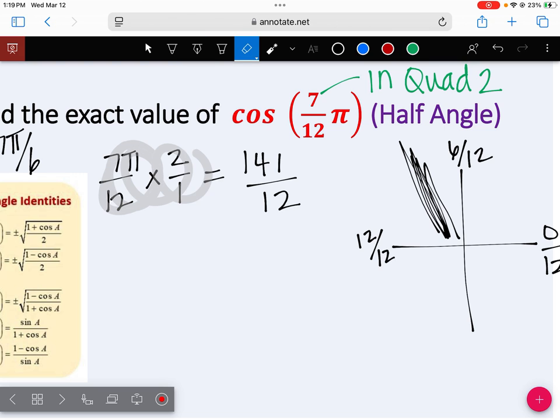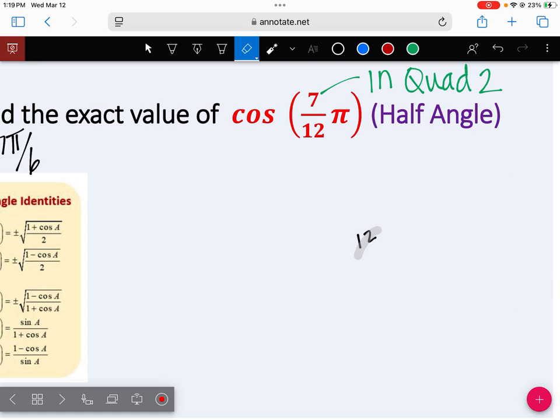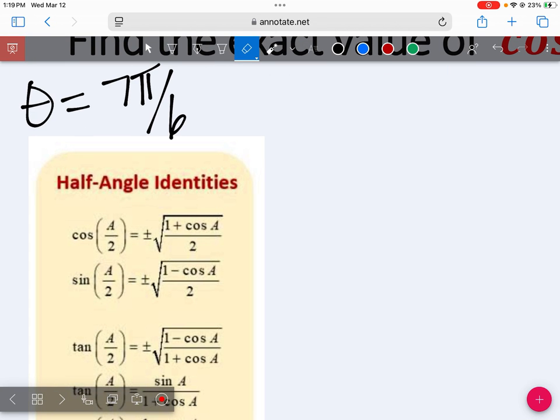And when we are in quadrant 2, is cosine, because we're doing a cosine, not a sine, positive or negative in quadrant 2? Negative. So when I look at my identity, do you see how it has plus or minus?